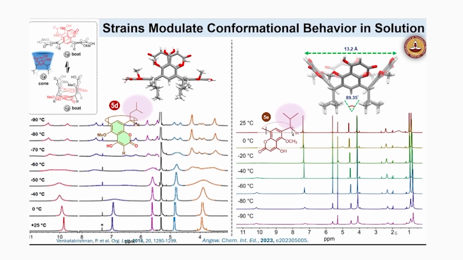When it is isobutyl, the branching is away from the alpha carbon, and you find there is a fast equilibrium between this form and its other conformational isomeric form, wherein this arm would come up and these two arms would open up. This is the case of isobutyl.